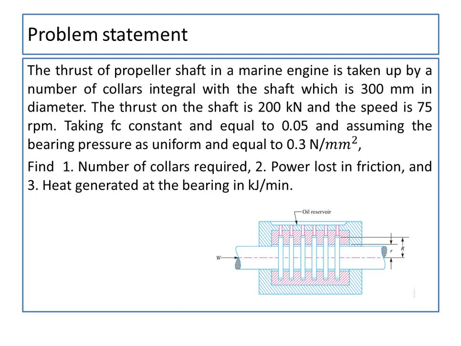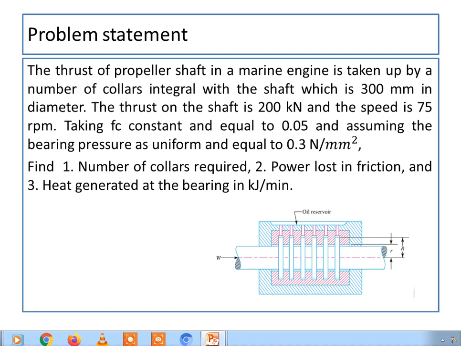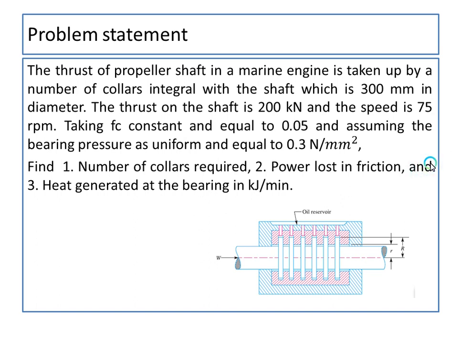So you need to find the number of collars required, power lost in friction, and heat generated at the bearing in kilojoule per minute. One thing you need to understand in this problem is that it is a marine shaft used for the propeller where the collars are integrated with the shaft.